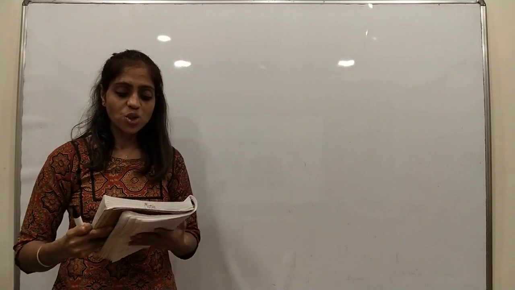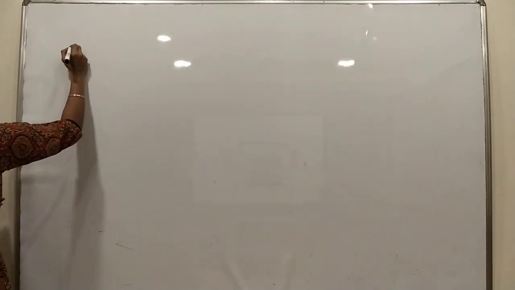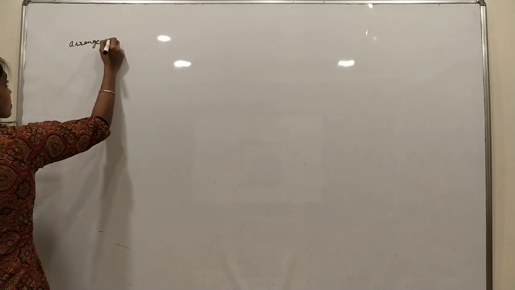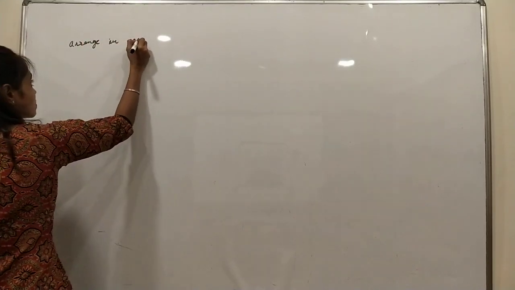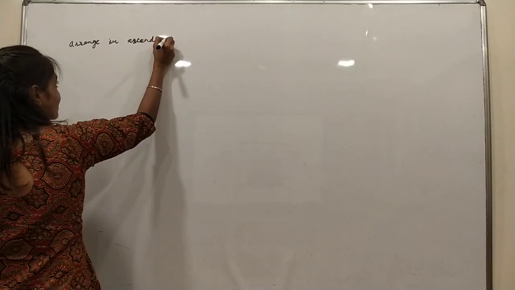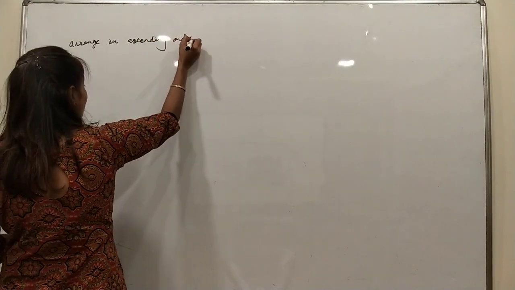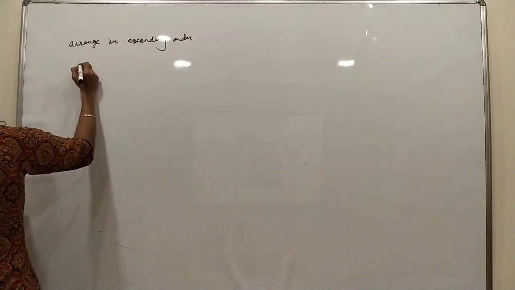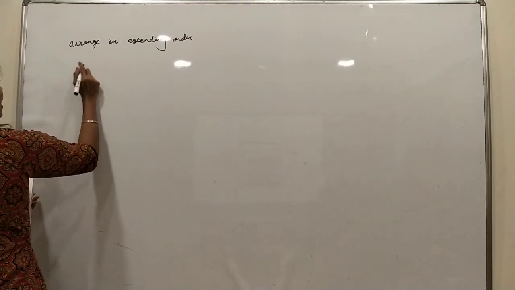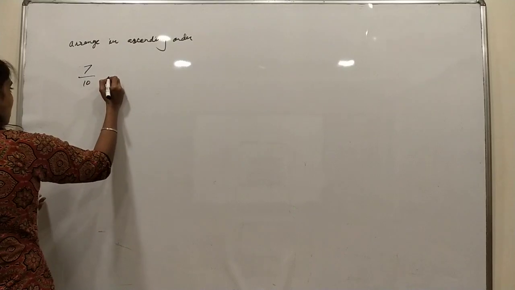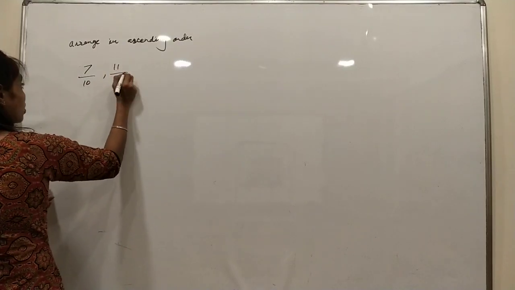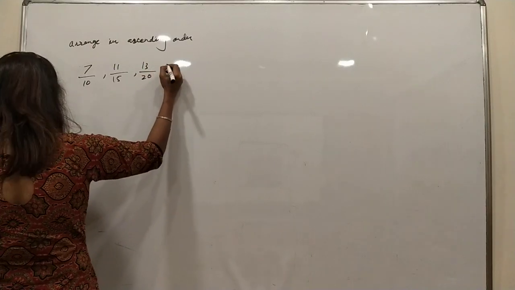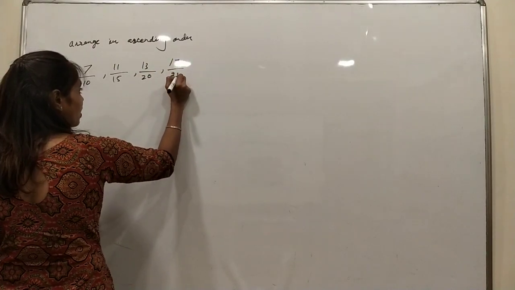Arrange the following ratios in ascending order. Ascending order means smaller, bigger, and biggest. 7 upon 10, 11 upon 15, 13 upon 20, and 17 upon 25.